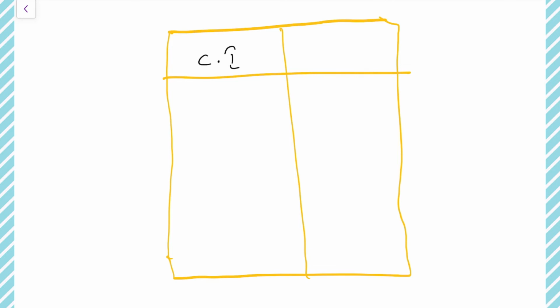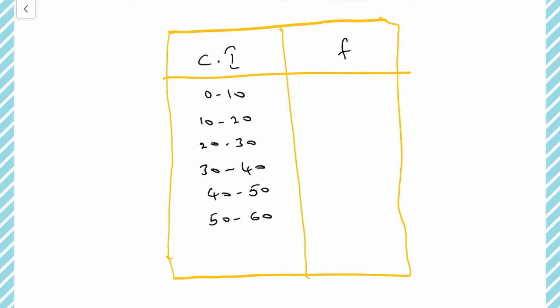The class intervals are 0 to 10, 10 to 20, 20 to 30, 30 to 40, 40 to 50, 50 to 60, 60 to 70 and finally 70 to 80. The frequencies are 5, 3, 4, 1, 2, 4, 8, 5.